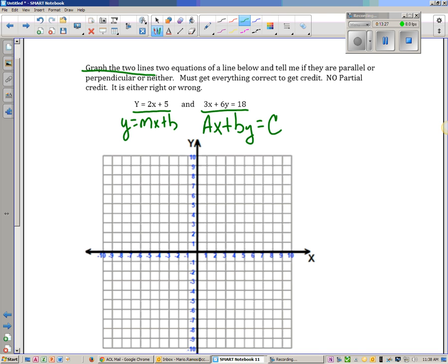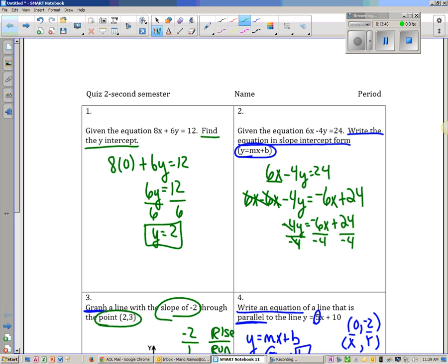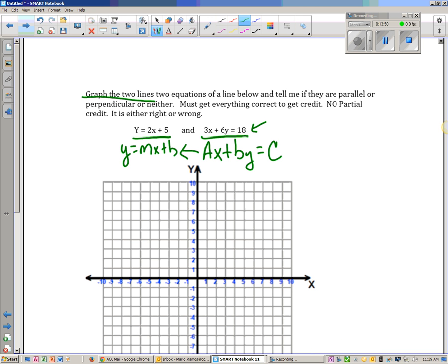One of the things we did, which was in your notes, was to take this equation and rewrite it into y is equal to mx plus b form, which was what we just did in question number 2. So this was kind of a multiple step type question, so I want to go ahead and do that.